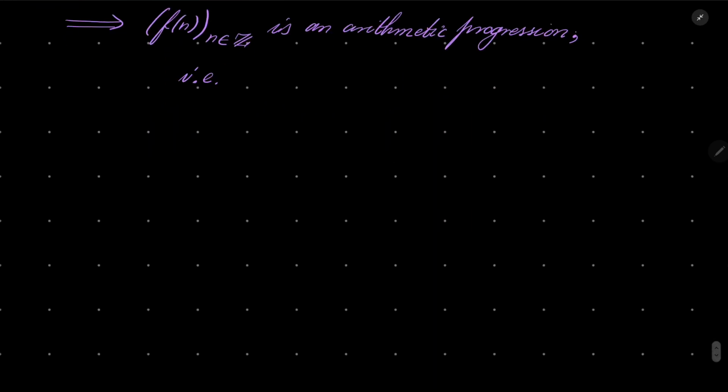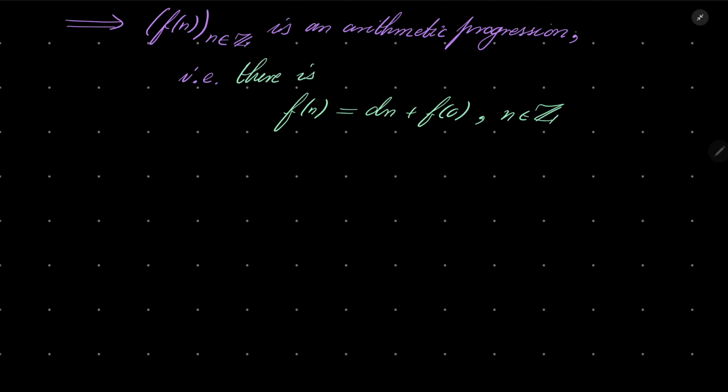It can be written that f of n equals dn plus f of 0, for some constant d, such that this holds.